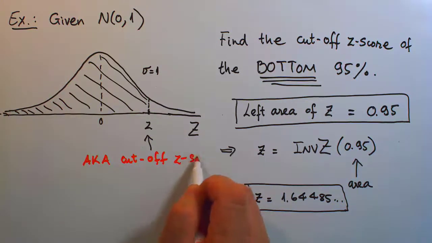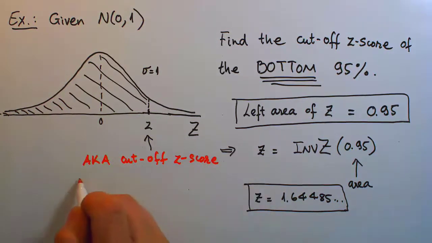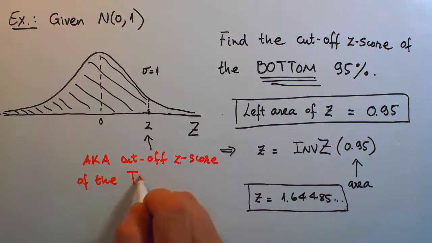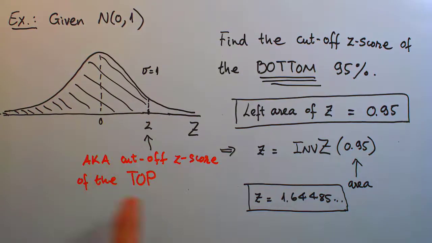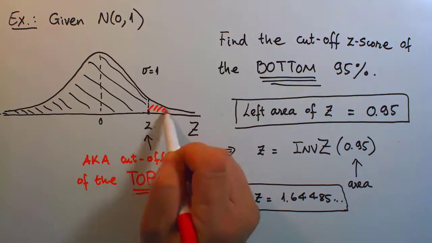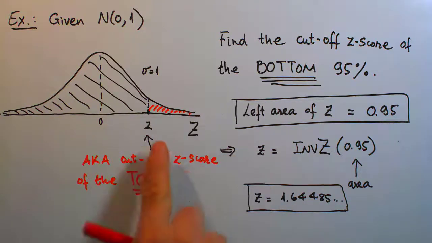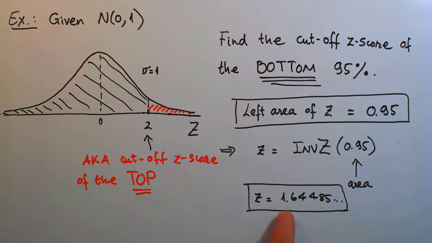z-score of the top, but here instead of saying bottom, I'm looking at the top. And top here means what? Think about it. It makes sense to be those above it, right? So above here is indicating the right-hand side. So from where that z stands, same spot, same value, 1.64485, we can also look at that as a cutoff z-score of the top, what?